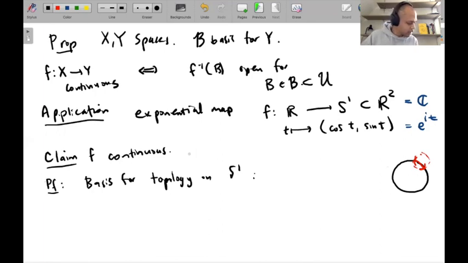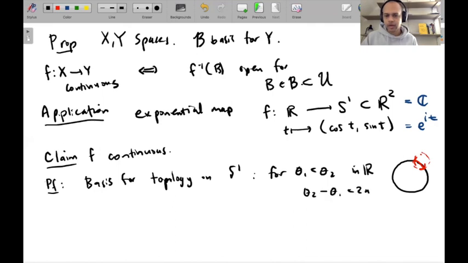So for θ1 less than θ2 in the real numbers, let's say with θ2 minus θ1 less than 2 pi, consider B θ1 θ2 as the following subset of the circle. It's all of those points with angle between θ1 and θ2.